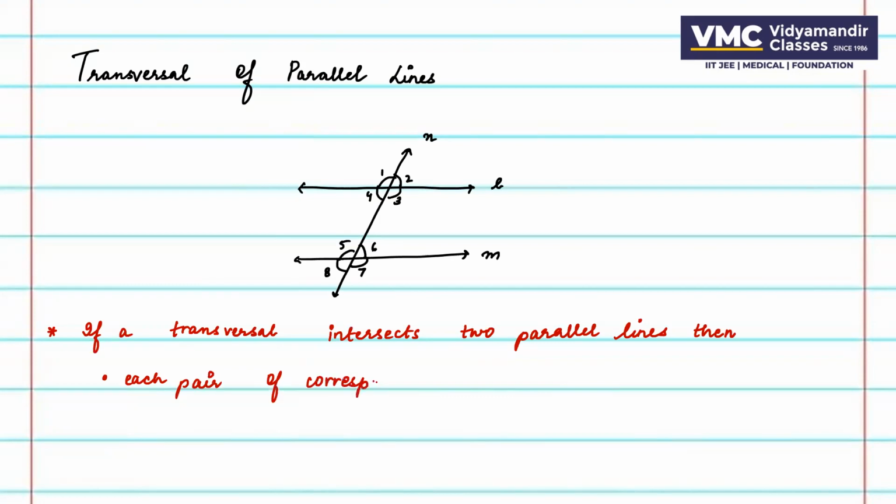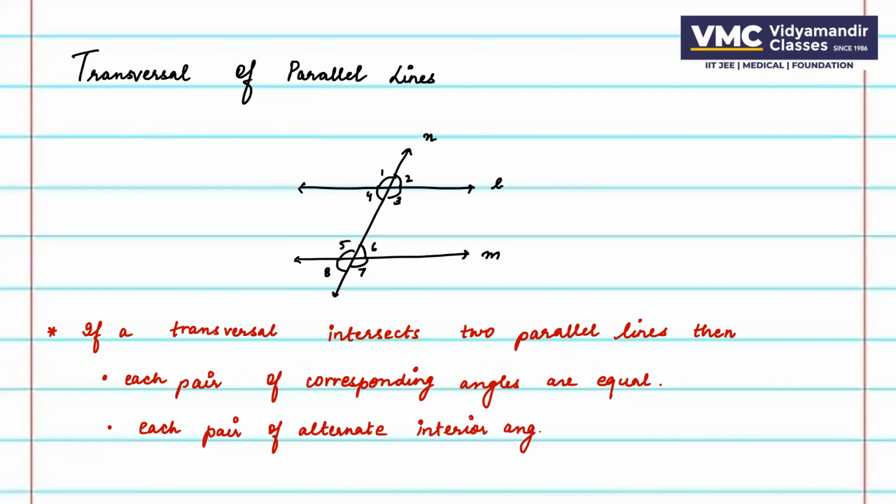Each pair of corresponding angles are equal. Each pair of alternate interior angles are also equal. And interior angles on the same side of the transversal are supplementary.